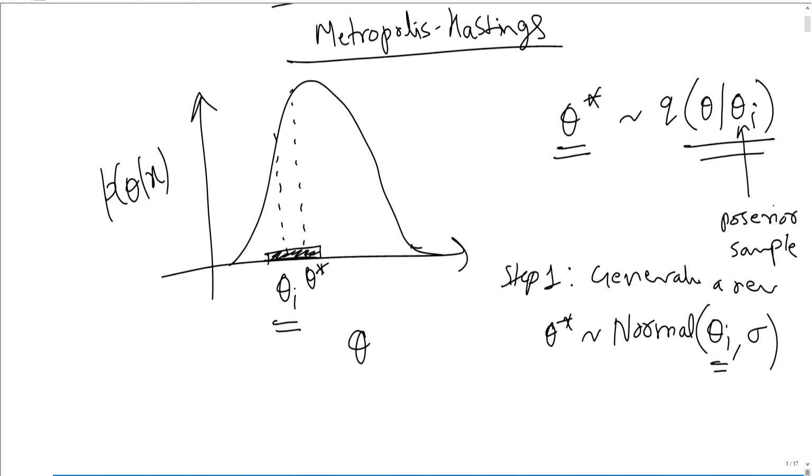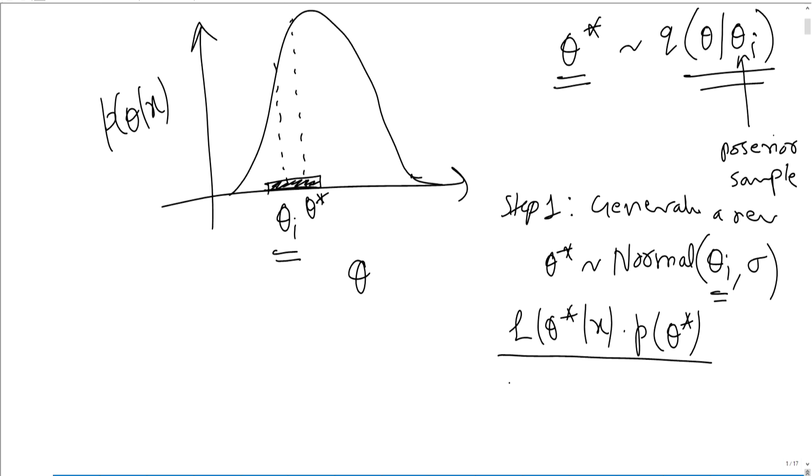So, if you calculate now the posterior density of theta star, and the posterior density of the current state of the chain theta i, okay, which one is higher? Of course, the posterior density of theta star is higher.